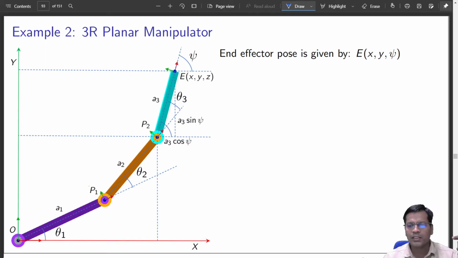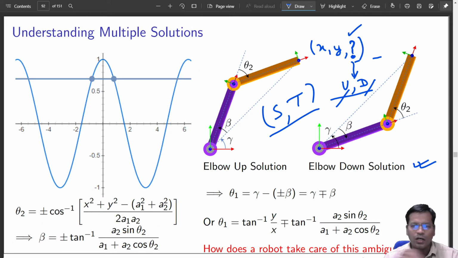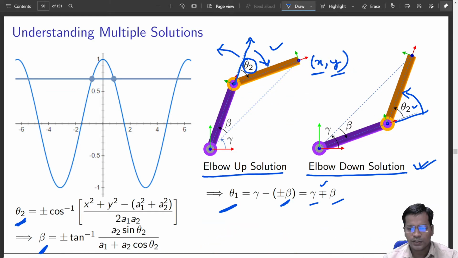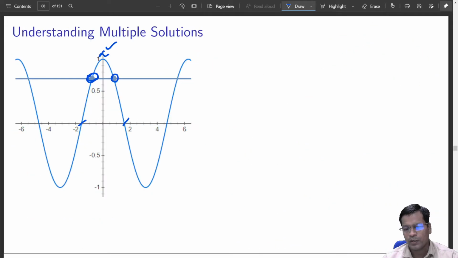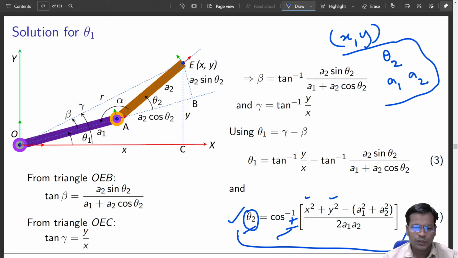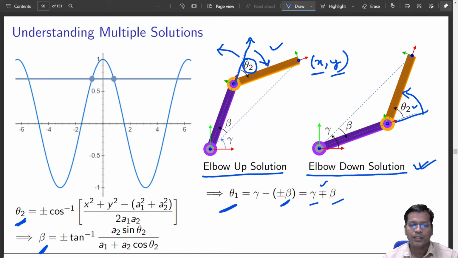Now taking an example of a 3R manipulator. What you have done now forms the basis for the inverse kinematics of n number of robots. This is the most important concept that you have learned just now, that is the 2 degree of freedom planar robot. Now that you already know its solution, you can straight away do solutions for many other robots.